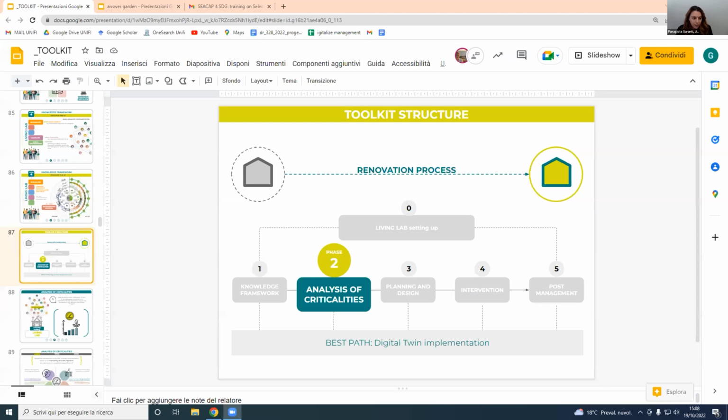Now we are continuing with the second step, the analysis of criticalities. So I give the floor to Dr. Gisela Calgano to start her presentation regarding this outcome of the MetaCosur project. You can share your screen. We can see your screen now.